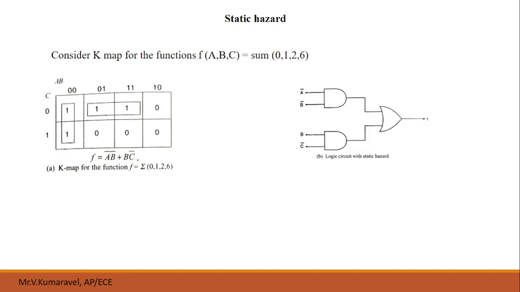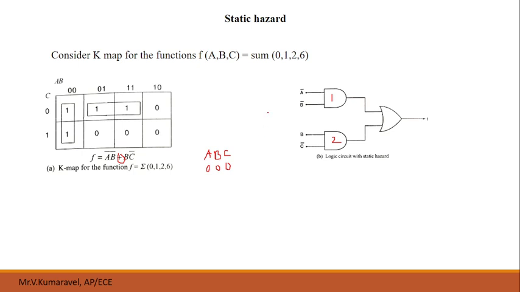Now if we draw a logic circuit for this, we draw a bar and b bar as inputs to AND gate 1. Similarly b and c bar go to the second AND gate. The two AND gate outputs are given to an OR gate. Now let us consider an example where a, b, c are all 0.